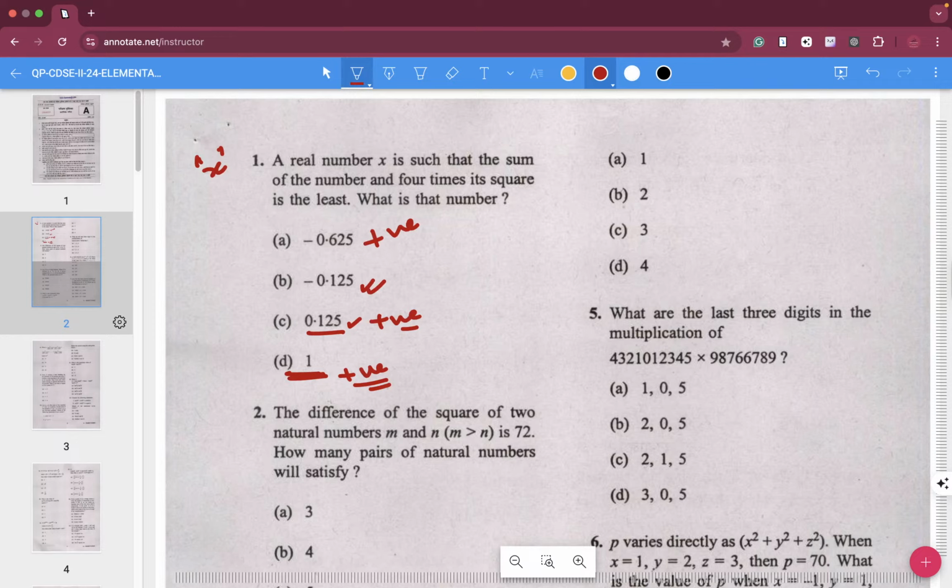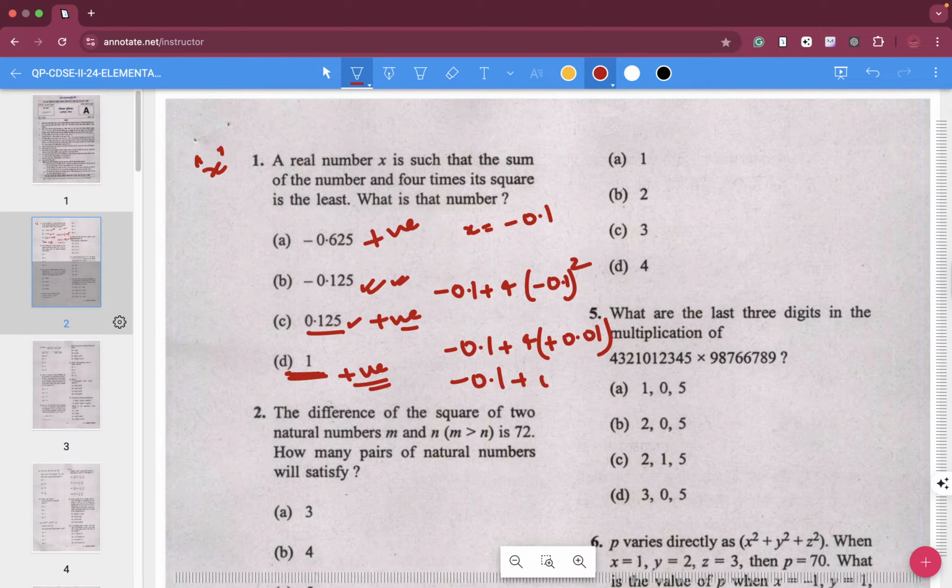But if we take B as an option, let's assume a nearest value x equal to minus 0.1. So x plus 4 times x square is minus 0.1 plus 4 times 0.01, which gives minus 0.1 plus 0.04. This number is still a negative number.